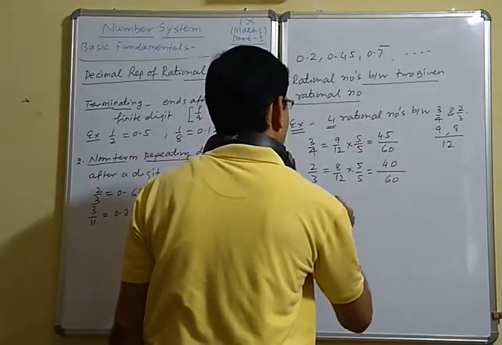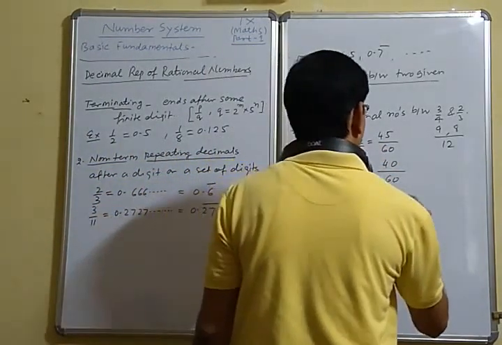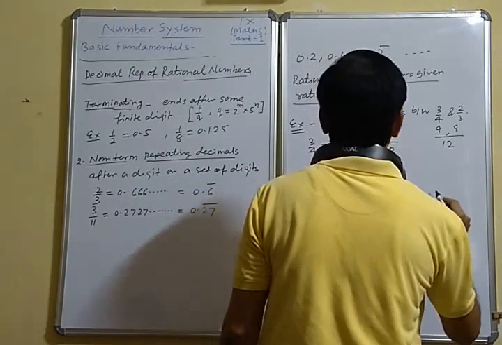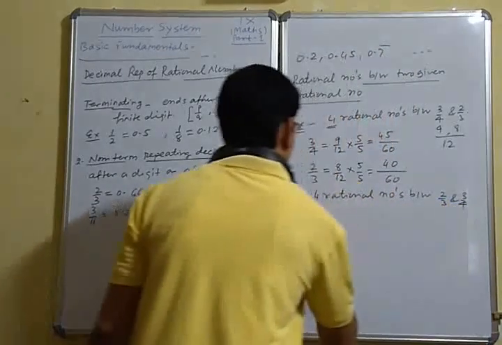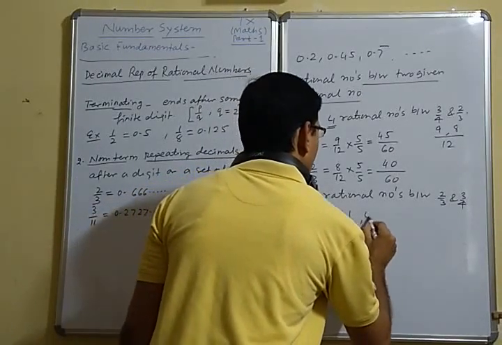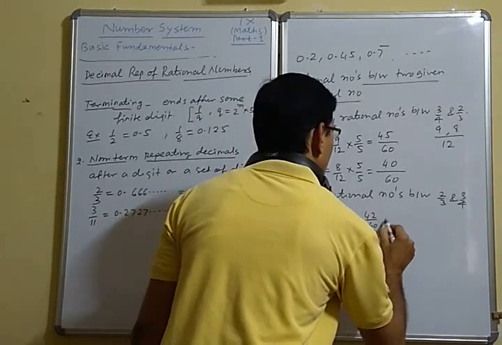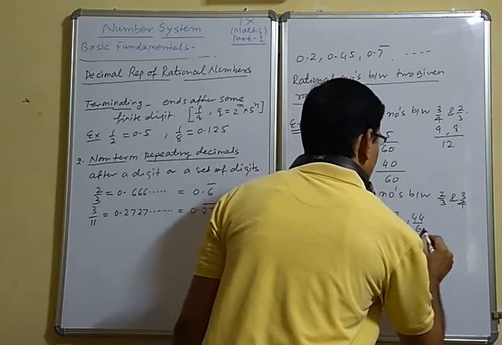So 4 rational numbers between 2 by 3 and 3 by 4 are 41 by 60, 42 by 60, 43 by 60, 44 by 60.